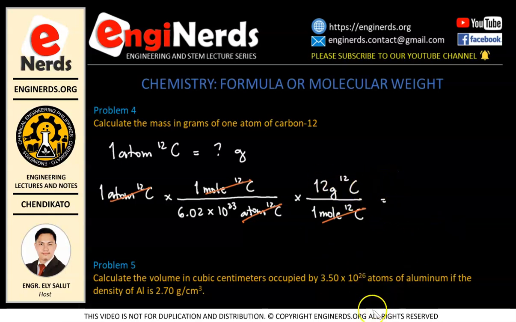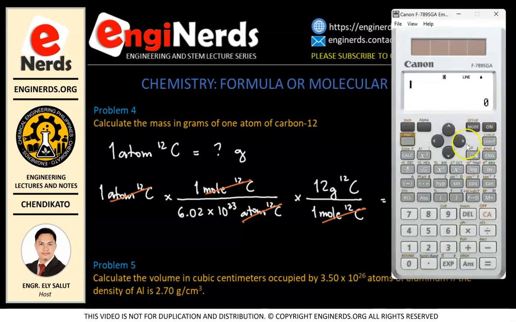So let us use our calculator to answer this one. We have 12 divided by 6.02, and on the calculator I'm going to put shift log here, so I will have 10 with the power, which we need to enter in parentheses. So I will have here 23.